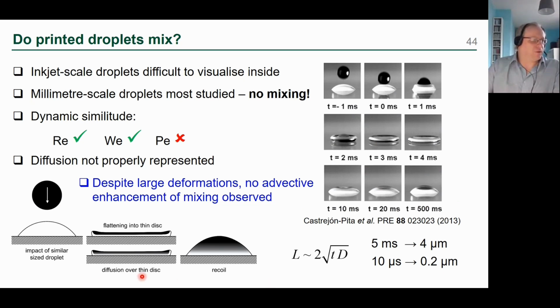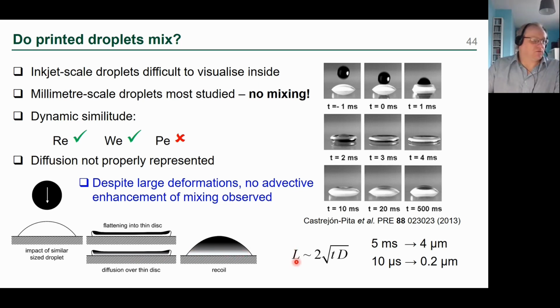Because of this diffusion not being sufficiently rapid in the larger scale droplets, there's very little mixing that goes on. So really all that can happen is that the droplet flattens into a disk. You can get some diffusion over the disk, and then it recoils, and there's a little bit of blending in here, but it's very little.